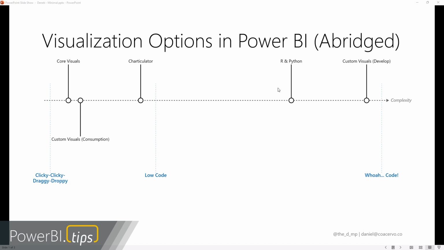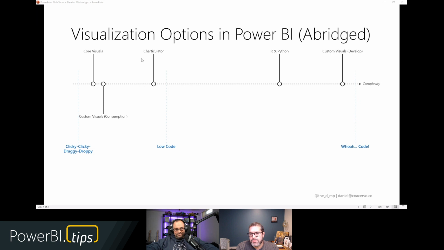But on the other side, if we come back across to the left, we now have Charticulator, which Mike and I love a lot. It's a really good UI for building visuals up, almost in the same way that ggplot works in R. Charticulator takes the concept of what we call a grammar of graphics, which we'll talk about in just a sec, and makes a UI out of it.